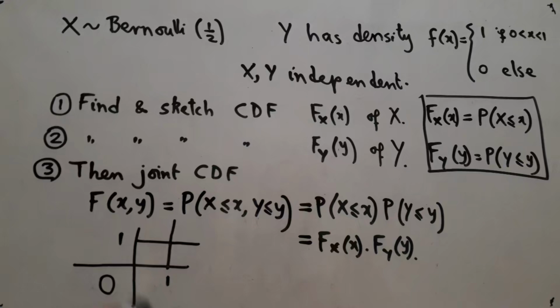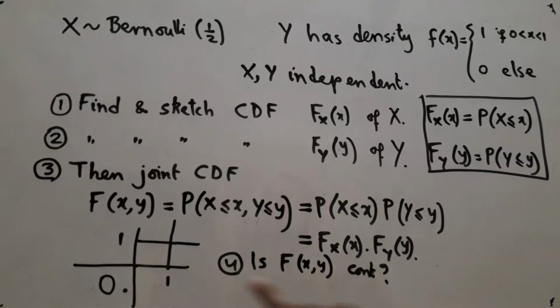This will be equal to 0, which means if you take any (x, y) here, the probability that X is less than or equal to x and Y is less than or equal to y, that is 0. That is obvious because Y can only take values between 0 and 1 and X can only take the values 0 and 1. So the probability that it is less than or equal to this is 0. Similarly, you fill in all the other cells.